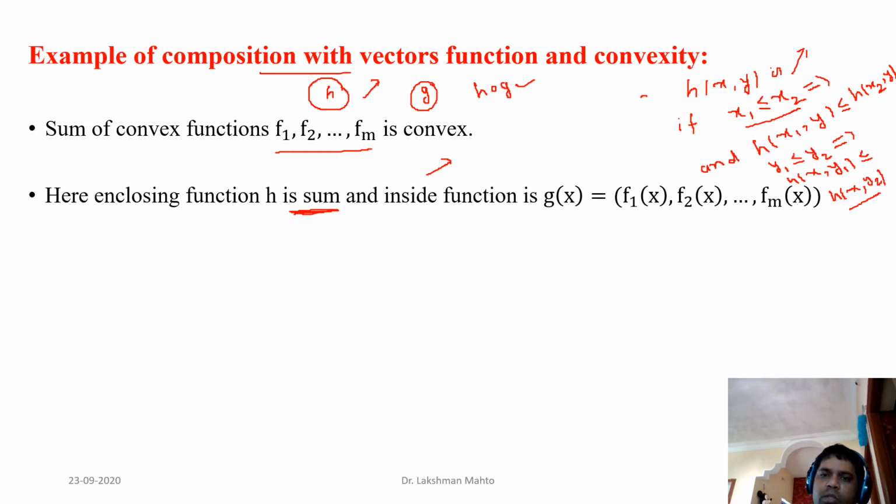So it is increasing argument-wise. This is the criterion for defining monotonicity with respect to arguments if there is more than one argument.